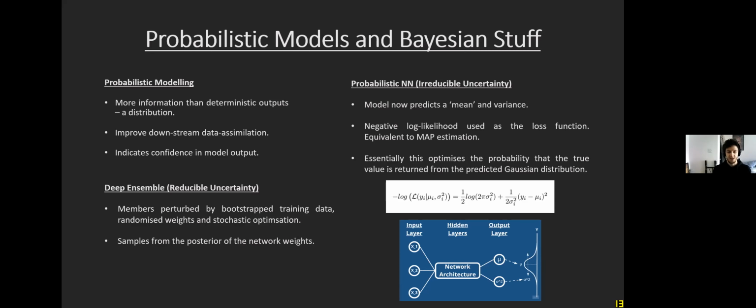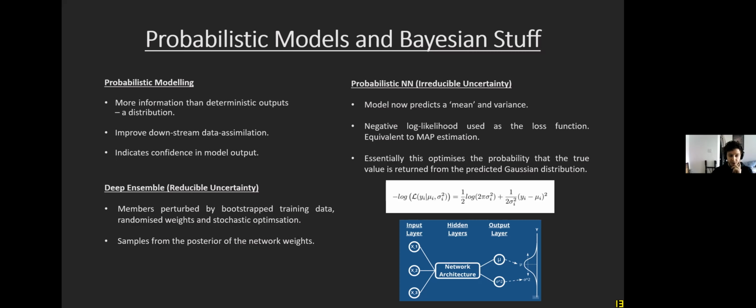In terms of its use in radiation belt models, there are at least a couple of data assimilation models of the outer radiation belts, and having any information about the distributions for these things helps with the downstream data assimilation. On top of that, it also indicates the confidence that the model has in its own output. I'll talk a bit more about that in a second.